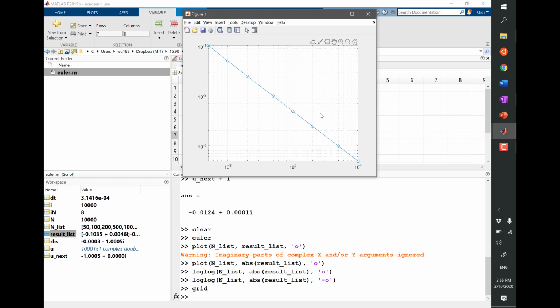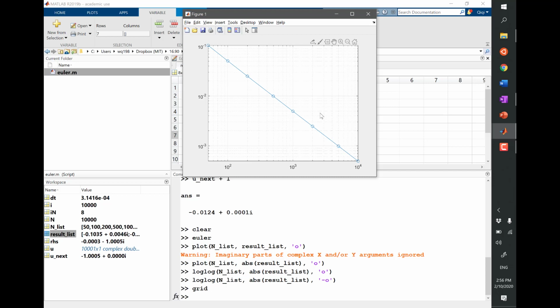Or if we apply the same Euler's formula to a different equation, an equation where I don't have an analytical solution, should I also expect the solution error to drop linearly, or let me say, to drop as n to the minus 1, just to be precise? If I want the error to drop by a factor of 10, should I just increase n by a factor of 10, or should I do something different?